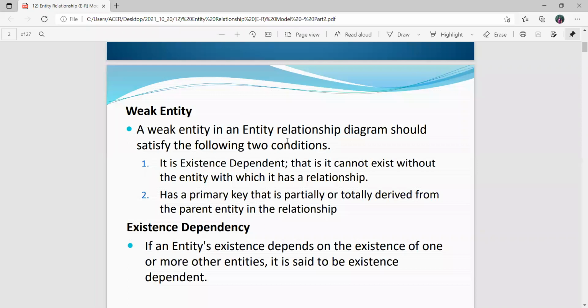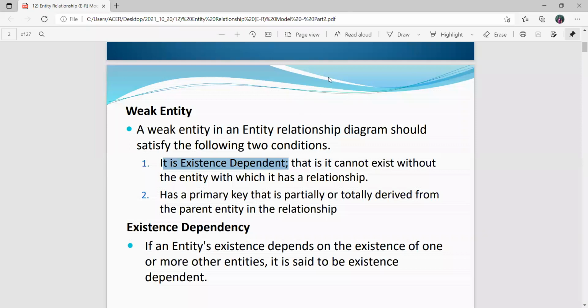A weak entity in an entity relationship diagram should satisfy two conditions. The first one is that it is existence dependent. That means that entity cannot exist without the entity with which it has a relationship.